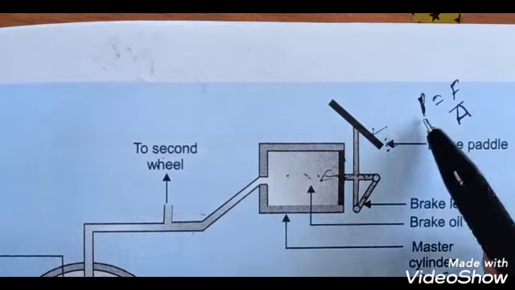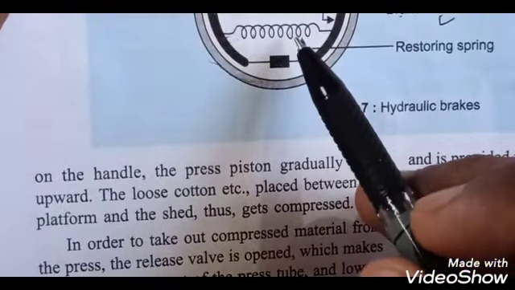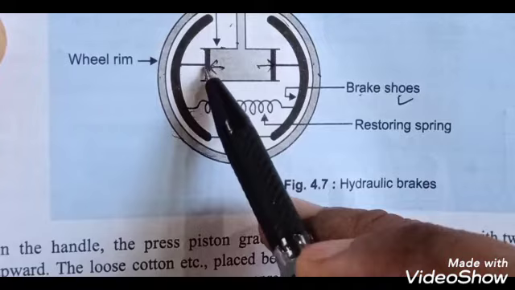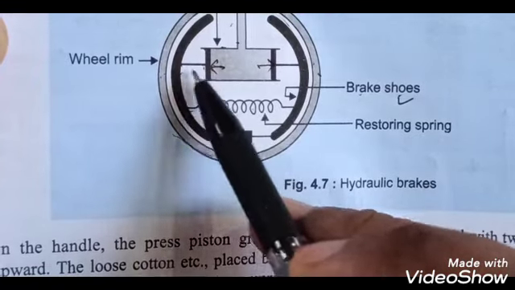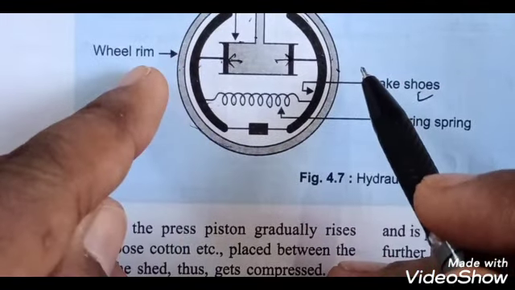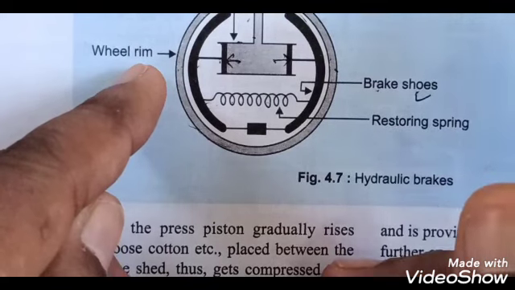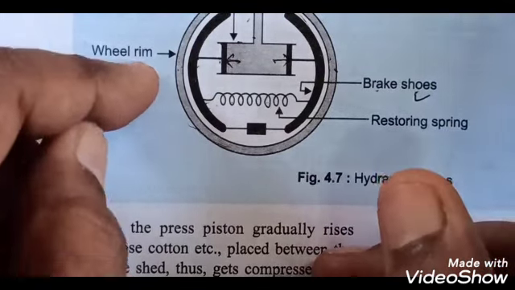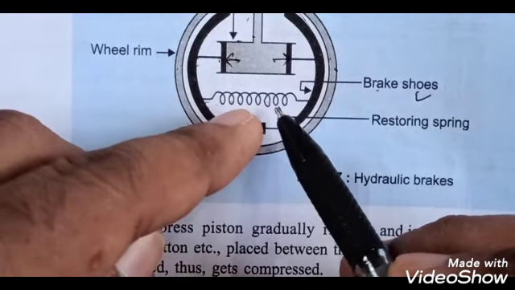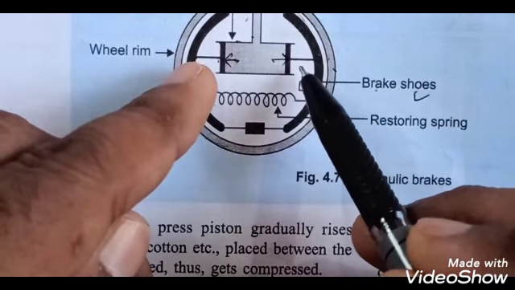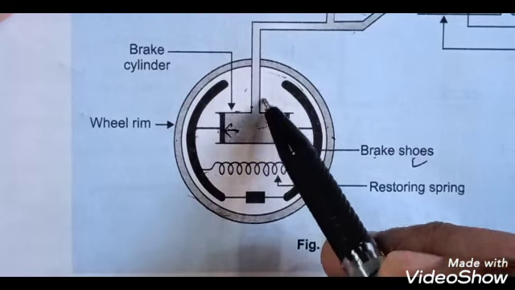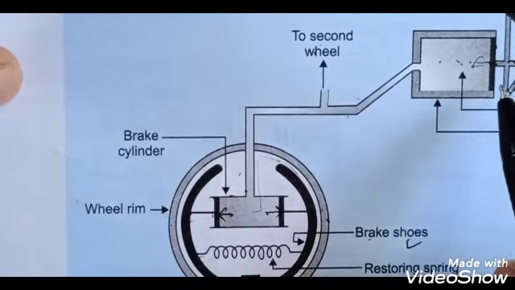When the foot is taken off the brake pedal, the restoring force developed in the spring brings the brake shoes back to normal place, because the spring is stretched when the shoes are moving outward, when brakes are applied. Now we have to put off the brakes. Then the foot is taken off the brake pedal, and this restoring spring brings these shoes back to normal place, and the brake oil from the brake cylinder enters the master cylinder again.